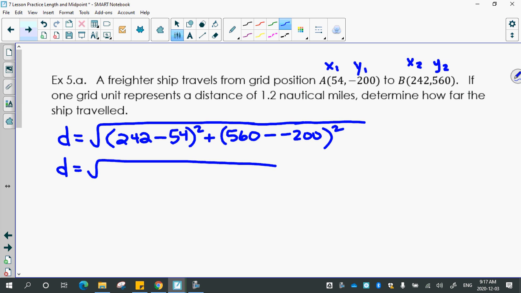So you're going to do 242 minus 54. And that's 188. But it's still being squared. Plus 560 subtract negative 200. So when you're subtracting a negative, you really add.